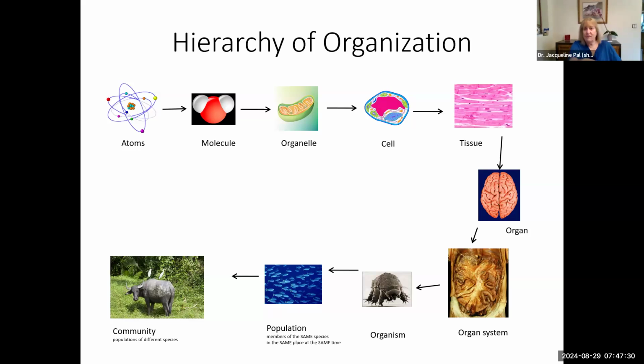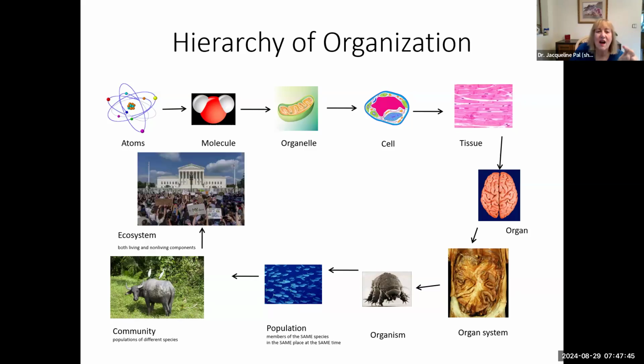And now you still see there's white space on the slide, so we've got two more places to go. In addition to different species at the same location at the same time, we're now going to throw in things that are not alive, and that is going to create an ecosystem. So both living and non-living components create our ecosystem.